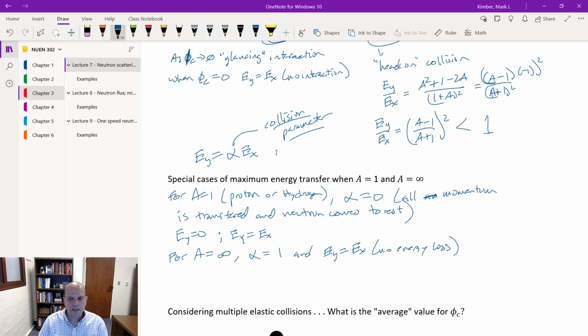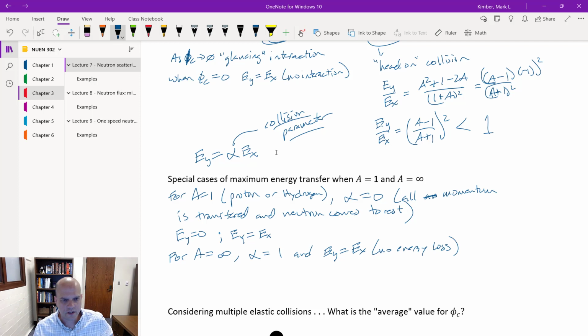So we want to start to get to a point where we can consider or determine how many such collisions we need in order to decrease the energy of the neutron down to levels where, again, we can start to be confident in it inducing another fission event. And so the question is, well, what should I do in terms of that phi sub c?